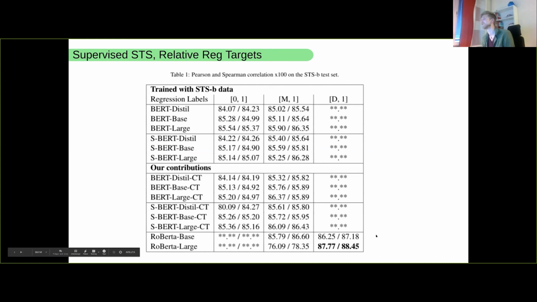This is for the next paper, which we're currently writing, but you can really beat state of the art in the supervised results quite significantly if you just start taking into consideration these arbitrary regression labels. And yes, I think that is all I have, and I will be happy to answer any questions.